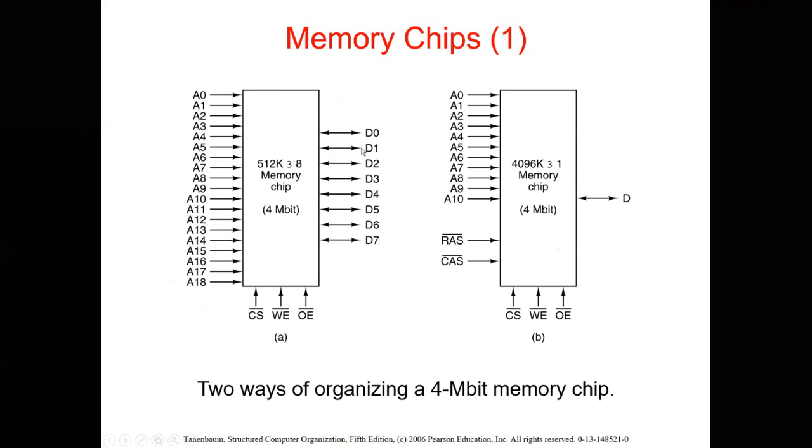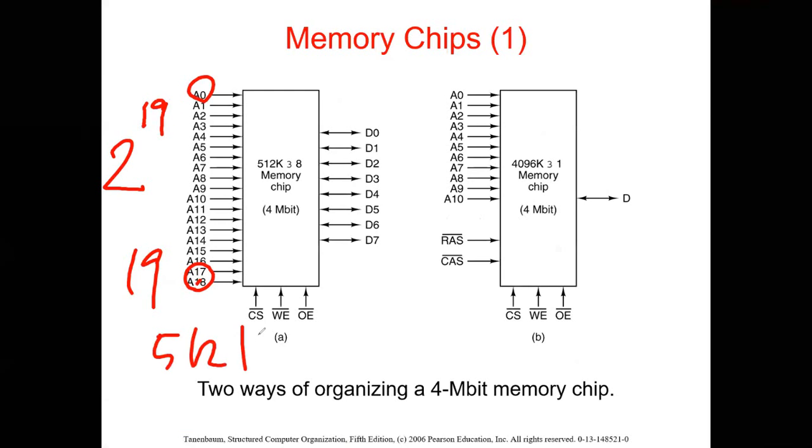Okay, so for a memory chip, you have this much data. Right here, as you can see, the address is how many bits? 19 bits, right? 0 to 18 is 19 bits. So that gives you 2 to the power 19. That's what? That's 512 kbytes, right? So 2 to the power 10 is a k, right? 2 to the power 9 is 512.